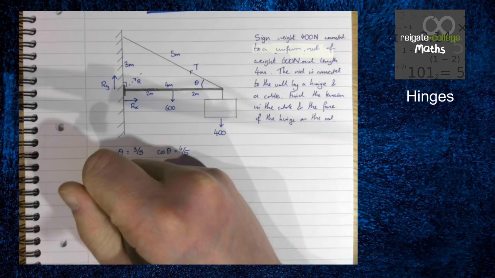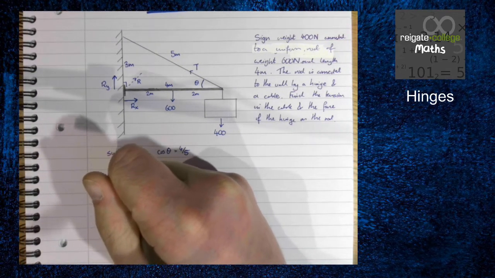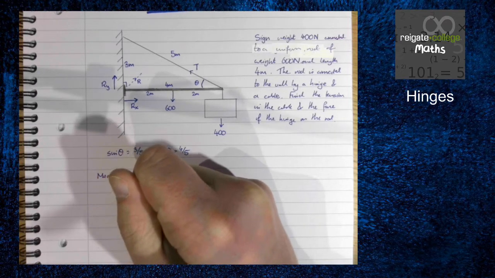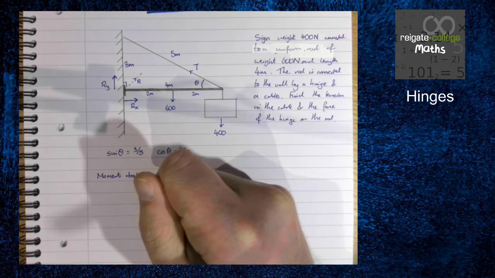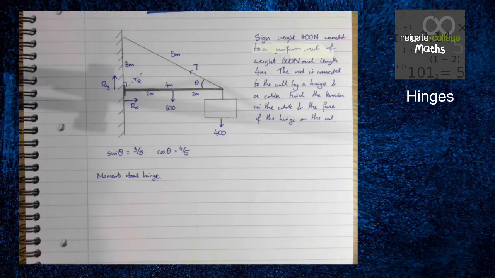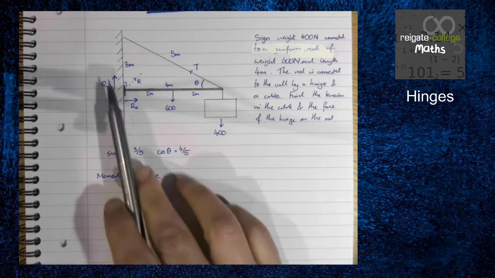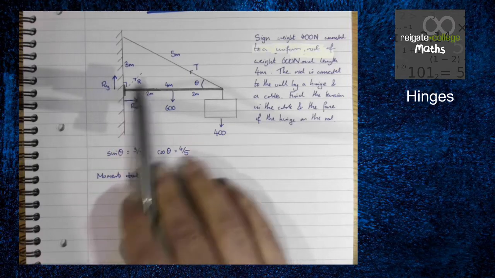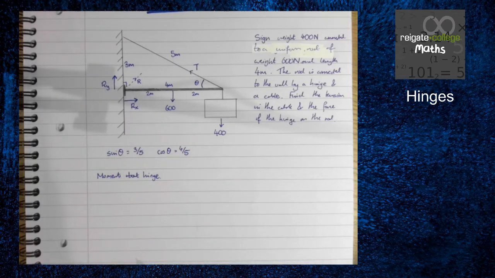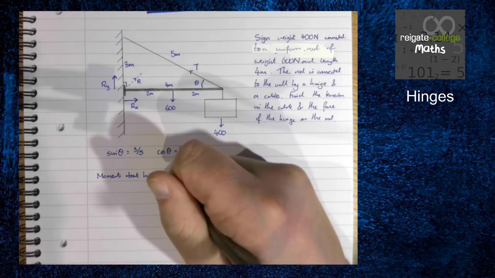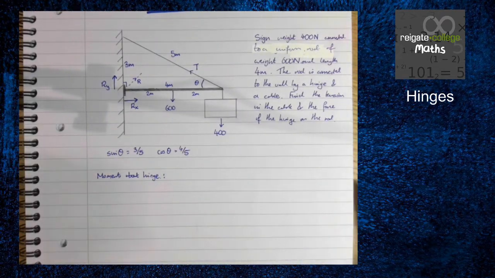So we're going to take moments about the hinge. Don't forget, we can take moments about any point we like. We take them about the hinge because it means we don't have to worry about these two forces for this part of the question. So let's look at our forces.